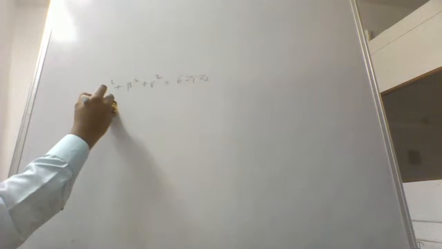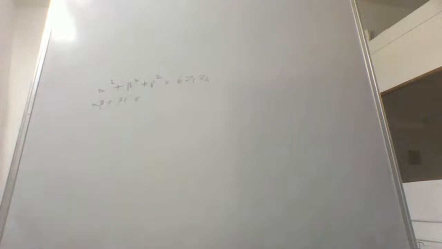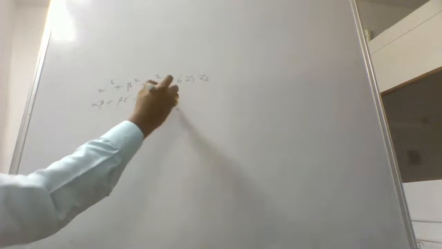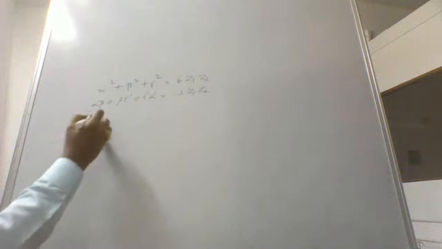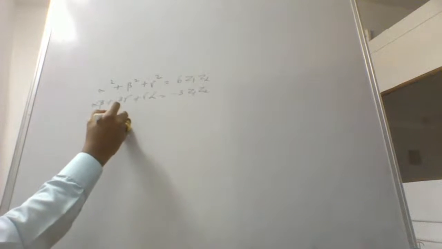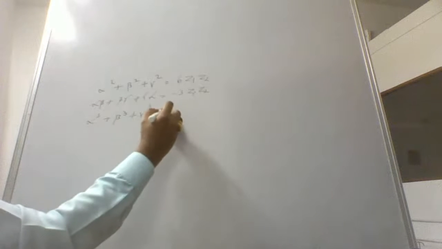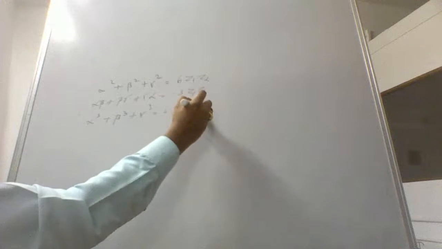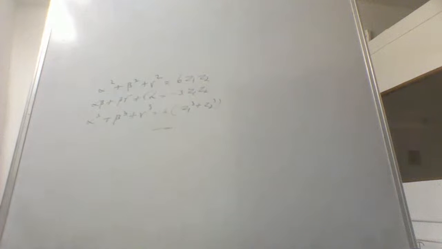So alpha beta plus beta gamma plus gamma alpha is equal to minus 3 times z1 z2. So alpha cube plus beta cube plus gamma cube is equal to 3 times z1 cube plus z2 cube. So this is the final solution.